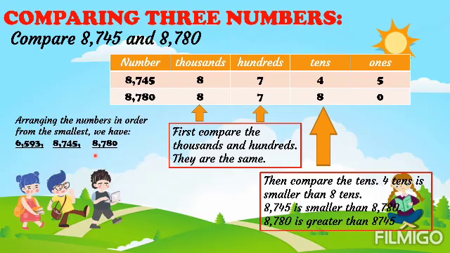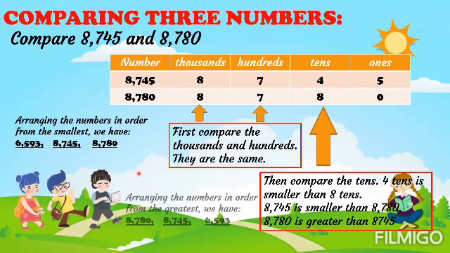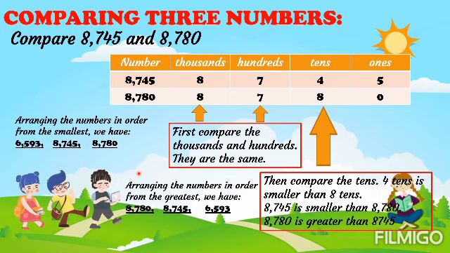And after arranging the numbers from smallest to greatest, we can also arrange the numbers from greatest to smallest. So we have here the greatest number, 8,780. Next is 8,745. And the smallest number is 6,593.